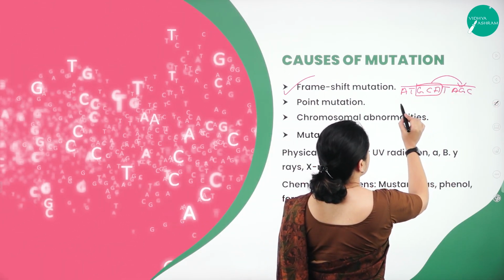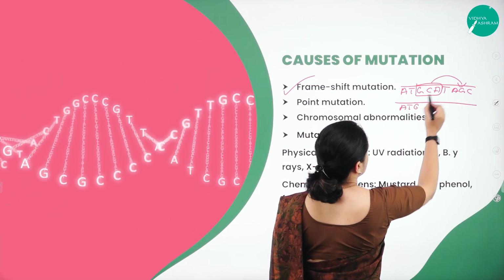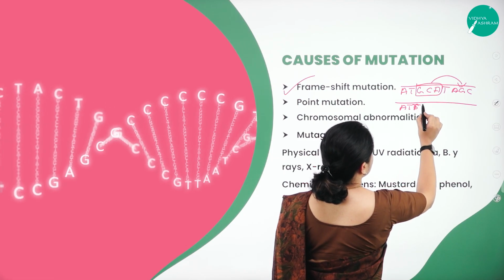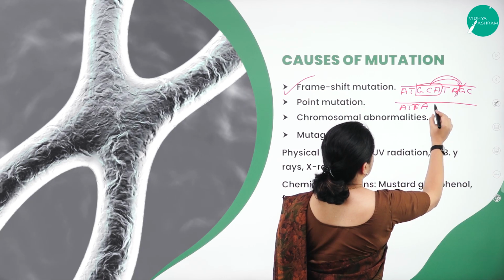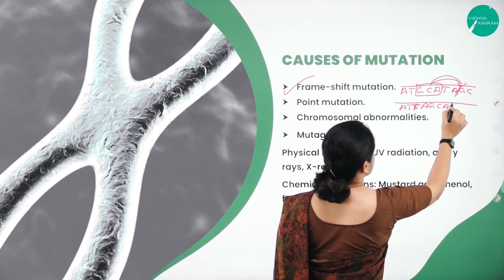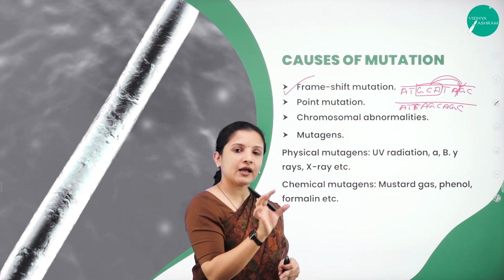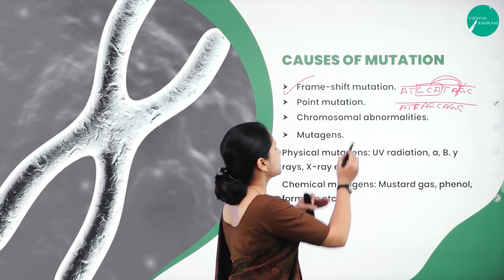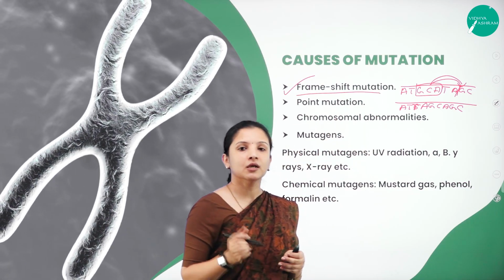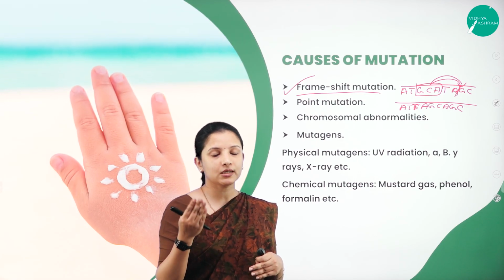So it is shifting here. AT, this T continues, TA, and somewhere in the middle this will come and shift here, GCA, GC. Like this, a portion of the DNA shifts to some other position on the DNA strand. That is frame shift mutation. This shifting also brings about alteration in the DNA.